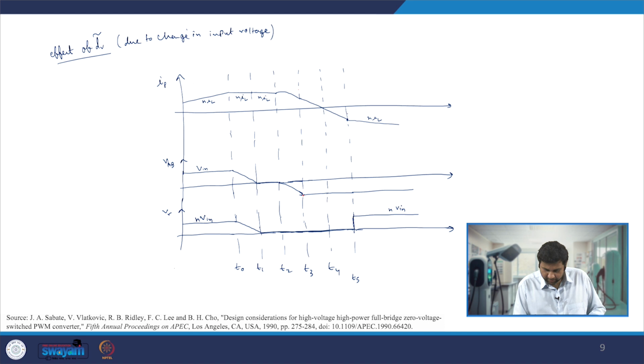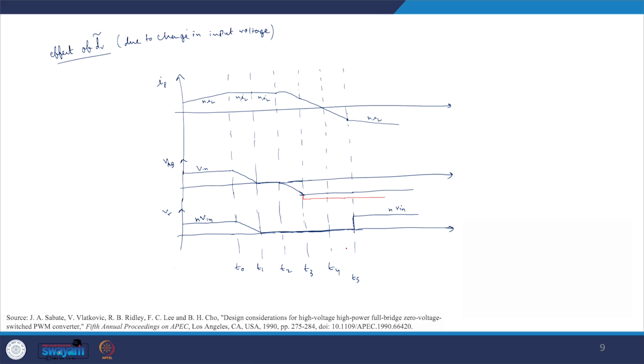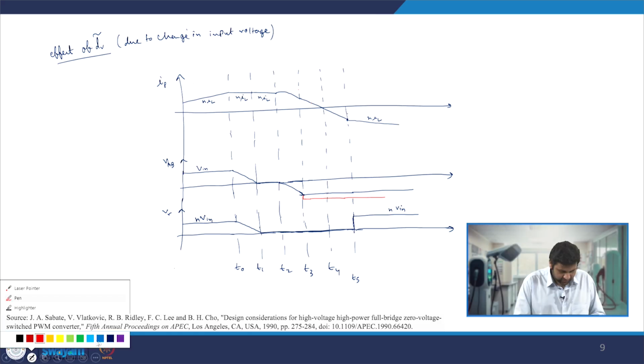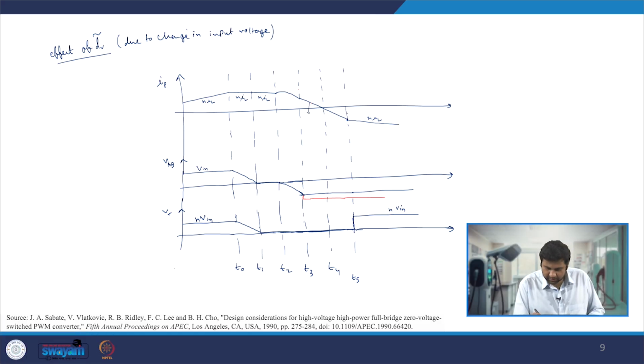Assume at this point our input value changes like this. As a result, this value what we have seen will now be slightly changed. So we will see how things will go. Now if you look very carefully, this particular slope is nothing but V in by L leakage.